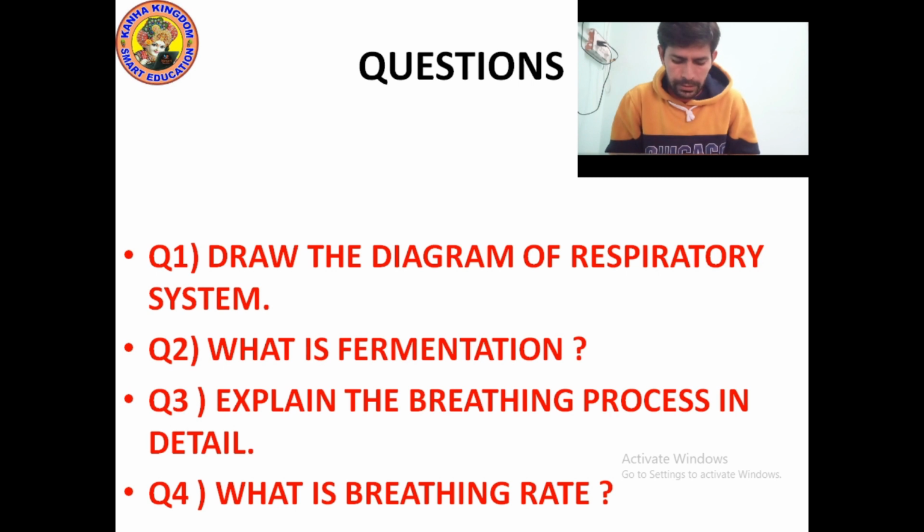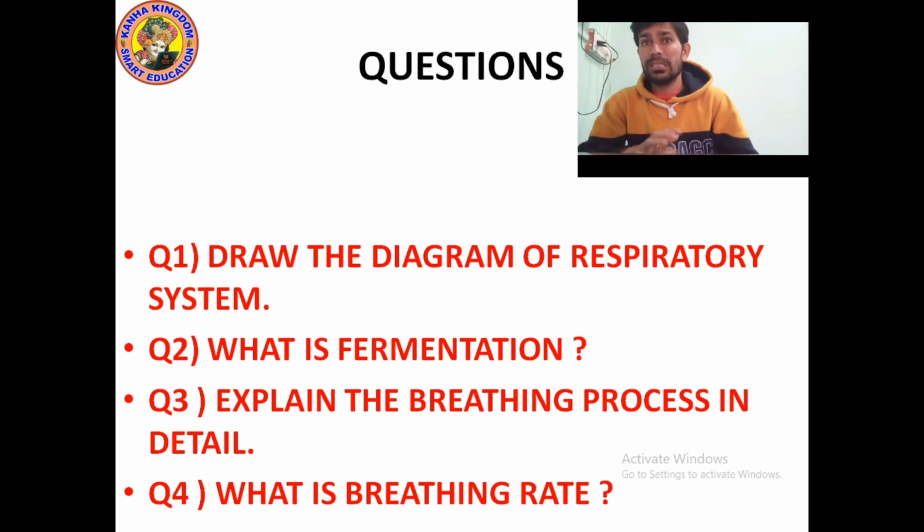Question number two is, what is fermentation? The fermentation process is used to make wine and beer. So what is fermentation? The anaerobic conversion of sugar to carbon dioxide and alcohol by yeast is called fermentation.